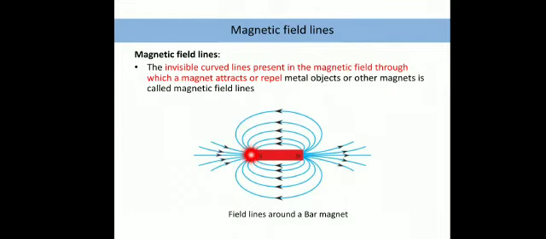We will see in the next classes that they start from a north pole and end at a south pole, but inside a magnet they move from south pole to north pole. These lines are continuous; they are not broken and do not stop anywhere.